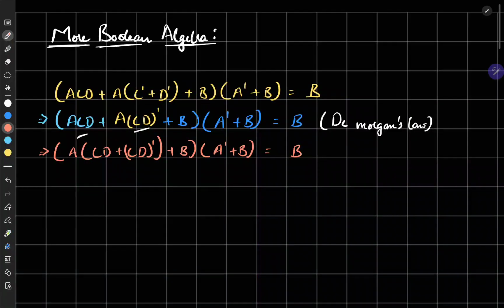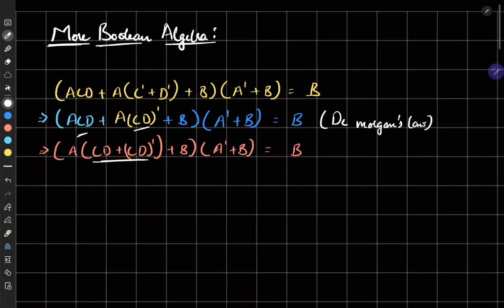Cool. What do we do now? We just brought out the identity that we talked about. So now that we have that, we can write this whole thing as 1. So you have A times 1, I'm going to put a dot there, plus B, and then A naught or A naught B, and then B. Cool.